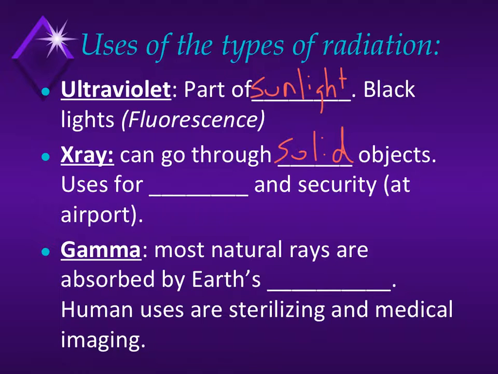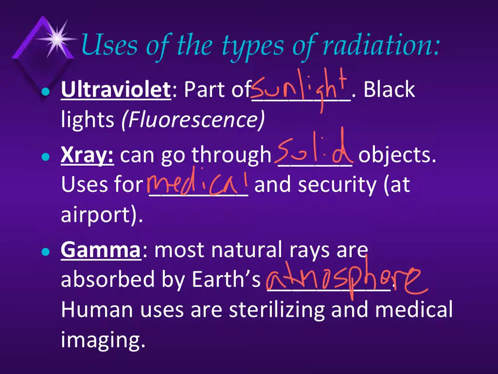Therefore, they're very useful for medical purposes and for security at airports. Gamma radiation is mostly absorbed by the Earth's atmosphere. But that high radiation can be used for sterilizing objects and for medical imaging as well.